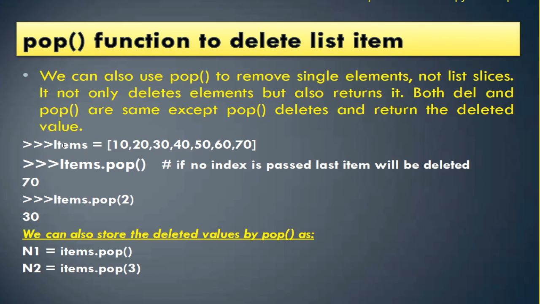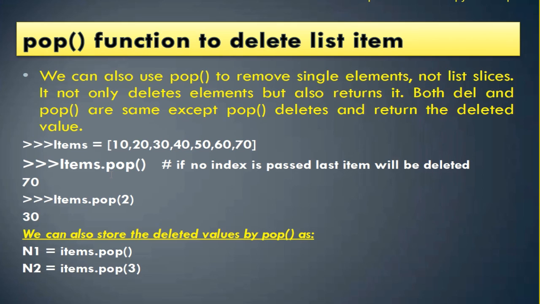See, in items, this is the list, items.pop(). If no index is passed, the last item will be deleted. But in the del statement, what happens? If nothing is passed, then the whole list is deleted.